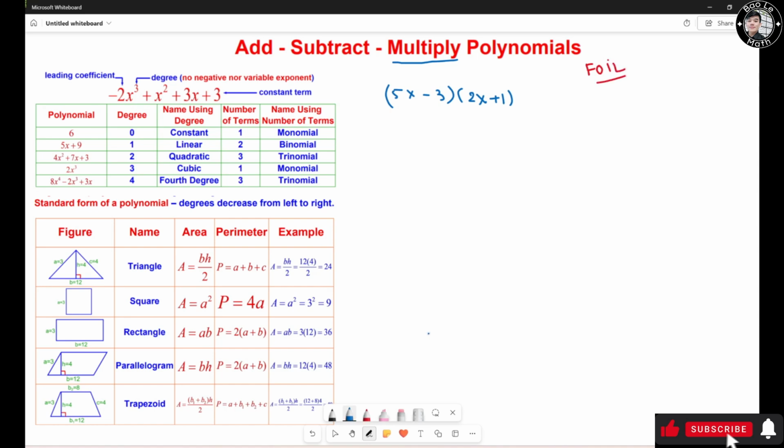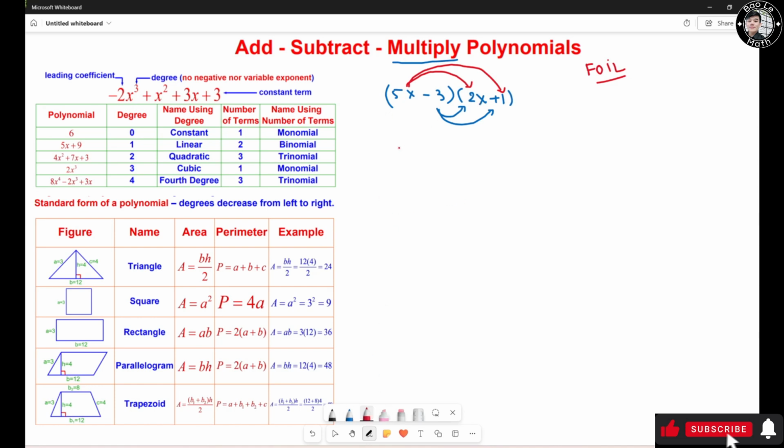So FOIL method, which means the distributive property. So basically, you just distribute this guy, and then this guy, right? Alright, so it's gonna be what?